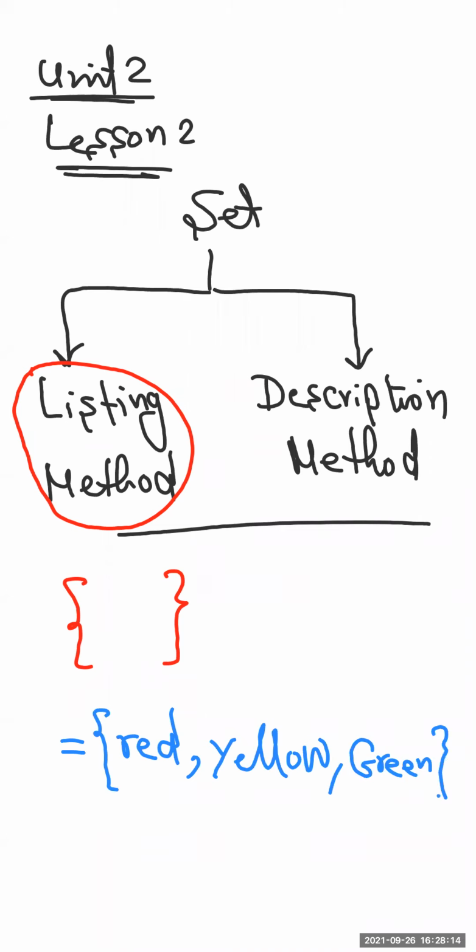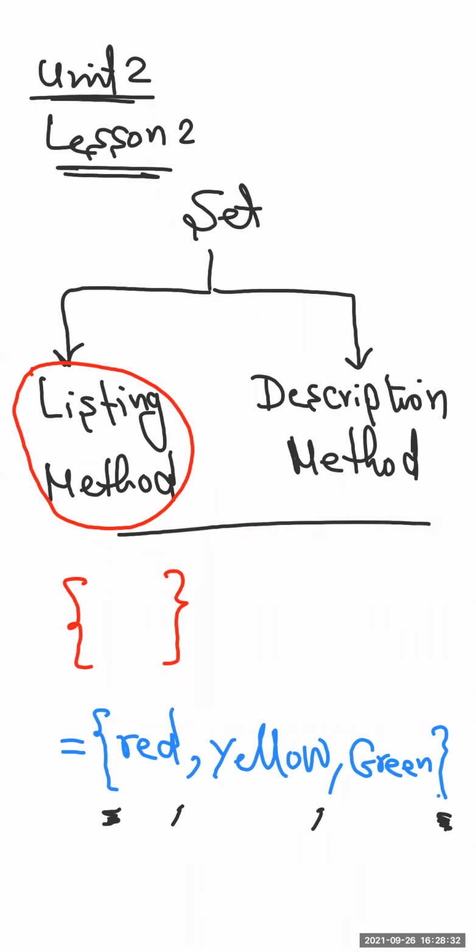So in this case, expressing the set by the listing method, we will write the elements between two braces and then a comma between each two elements.